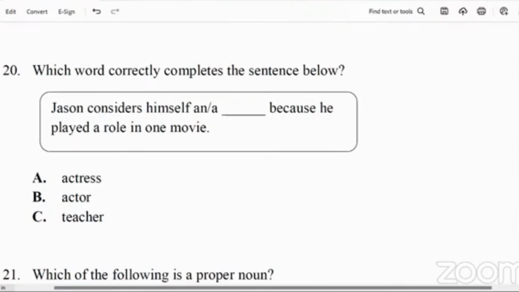Jason is typically a male name, and of course, they use the pronoun himself. So that will tell us that it's a male, right? So the masculine form would be actor. Actress would be for female. And of course, it's not a teacher because he played a role in a movie. So he considered himself an actor. That's the correct response.